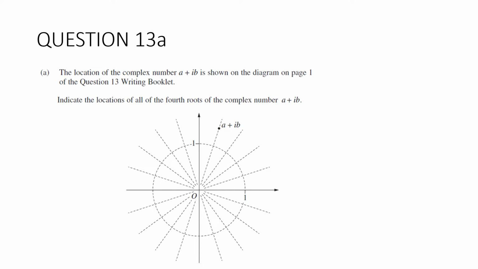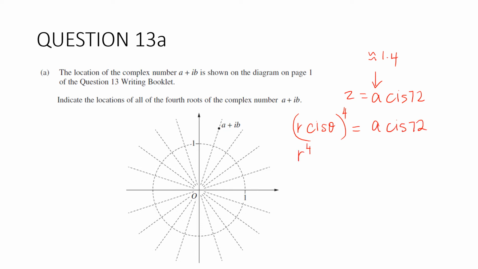So let's set up an equation. Let's let z equal a cis 72. A, of course, is the modulus. We said it was approximately equal to 1.4, but we're just going to ignore that bit. So therefore, r cis theta to the power of 4, we want that to equal a cis 72.